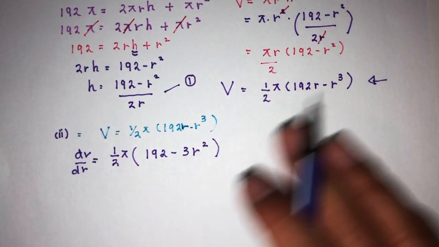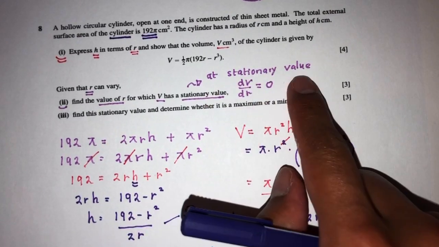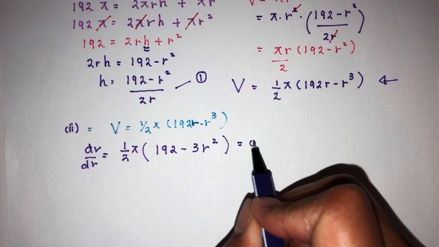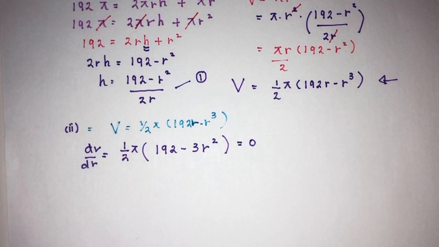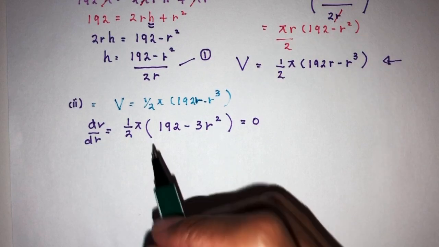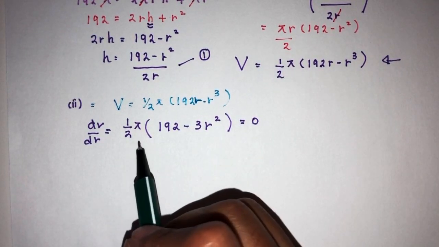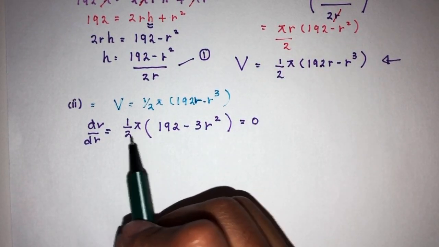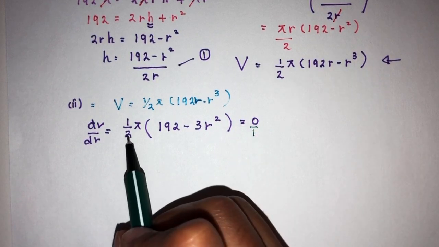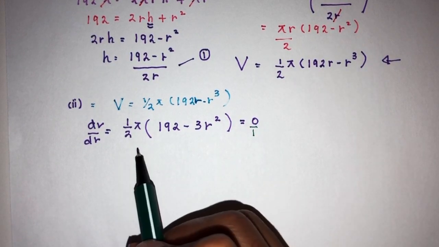Now we understand that at the stationary value, dV by dr is equal to 0, so we have to equate that to 0. So let's proceed. Now we can just send this over here, so cross multiply, for example. So 2 goes to 0, that will be 0.